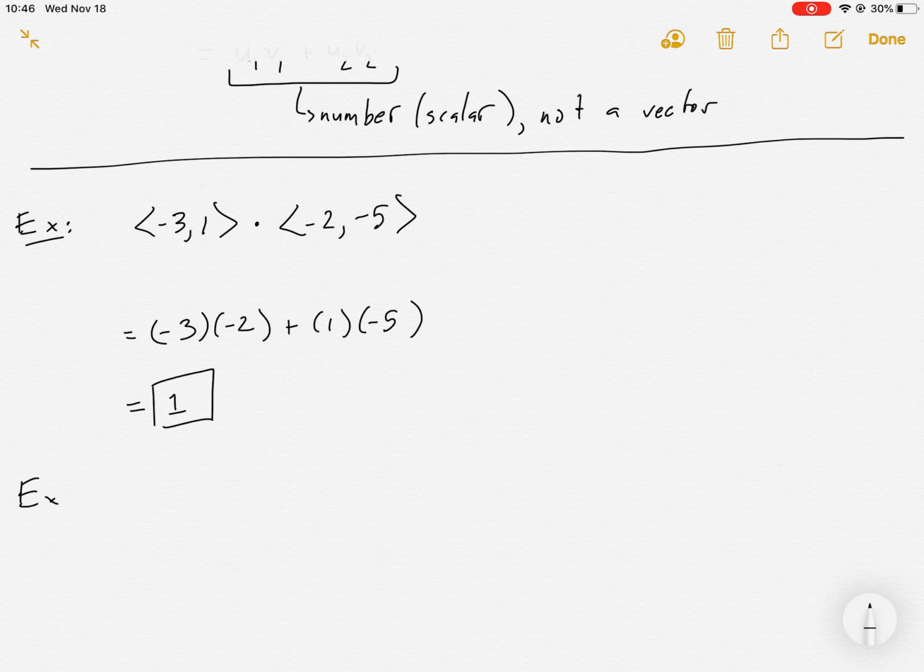Alternatively, we could use i hats and j hats, so a linear combination of those. Let's let w be the vector 3i hat minus 2j hat, and let's let t be the vector 3j hat.